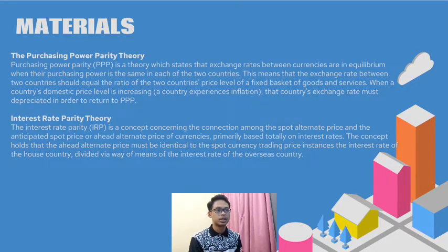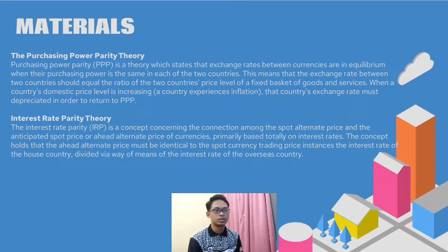This means that the exchange rate between two countries should equal the ratio of the two countries' price levels of a fixed basket of goods and services. When a country's domestic price level is increasing, which means the country experiences inflation, that country's exchange rate must depreciate in order to return to purchasing power parity.